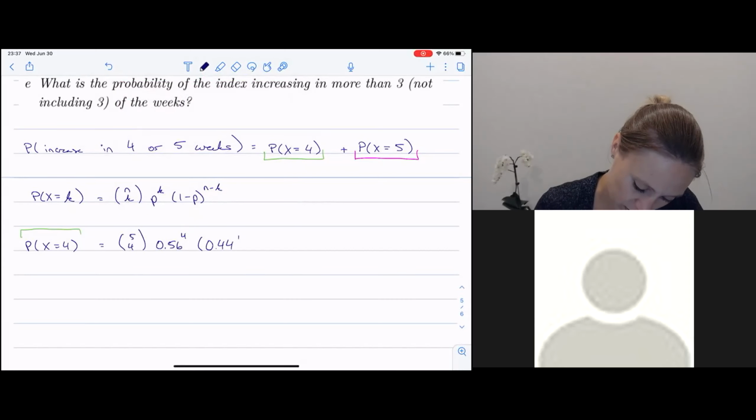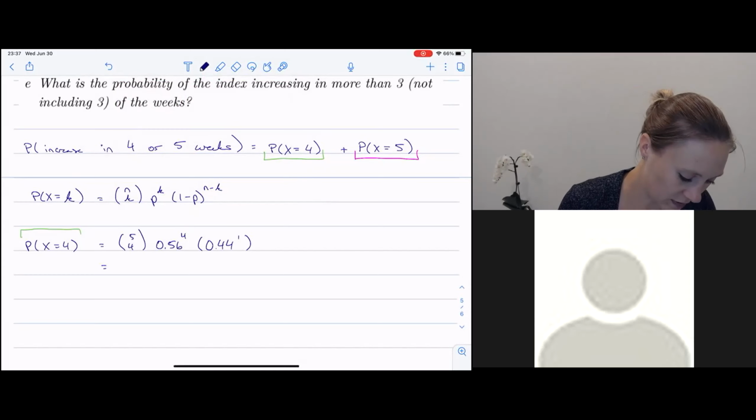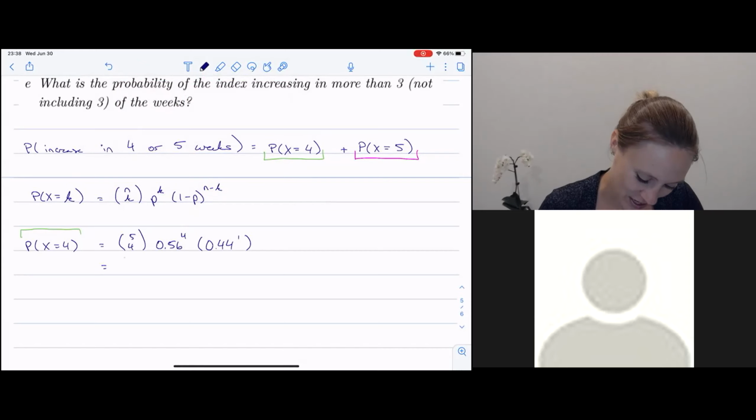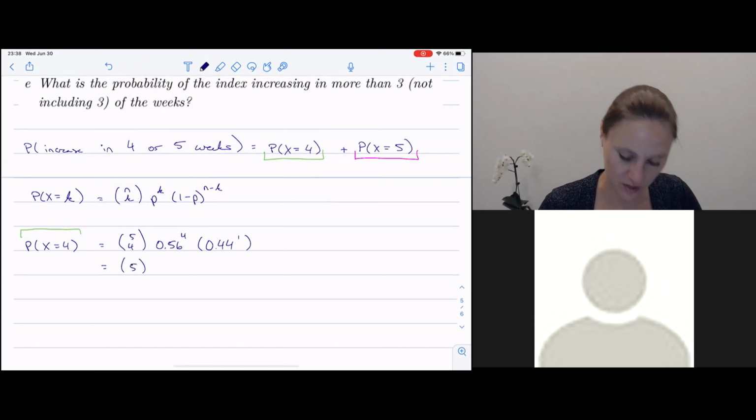So 0.44 to the power of 1. 5 choose 4. This is a great opportunity to make sure that you've got your choose function under control. 5 choose 4 gets me to 5.